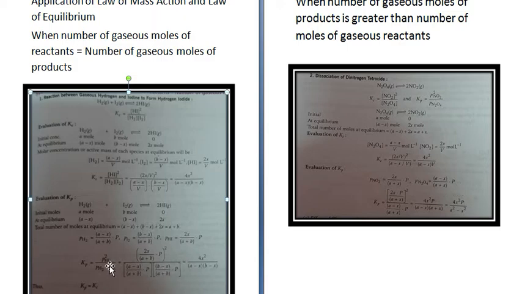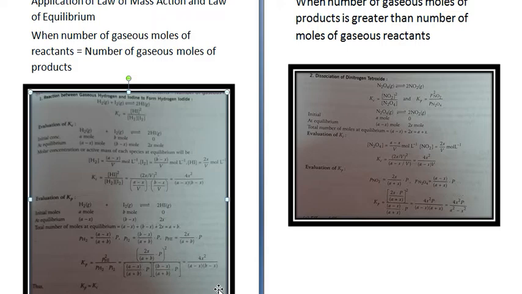So Kp will become equal to P_HI squared divided by P_H2 into P_I2. P_HI squared is (2x divided by (a plus b) into P) whole squared, divided by (a minus x upon (a plus b) into P) and (b minus x upon (a plus b) into P). So P squared will get cancelled and you will get 4x squared divided by (a minus x) into (b minus x).